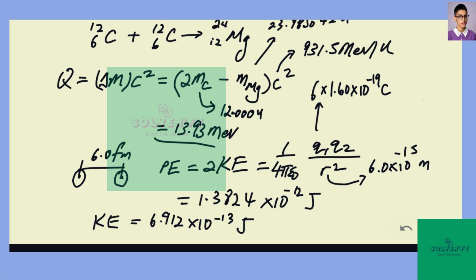This can in fact be converted into MeV if you like by dividing by 1.6 times 10 to the power of minus 13. You can also leave it in terms of joules.